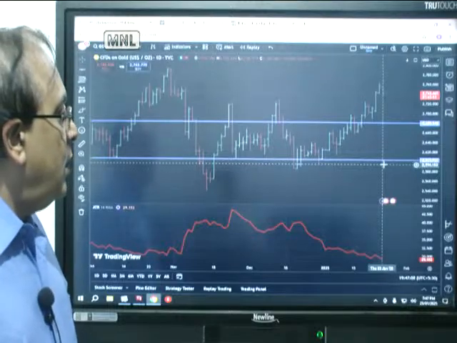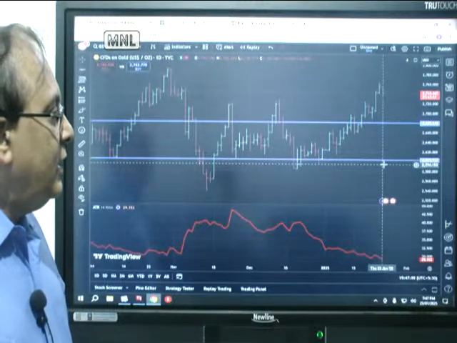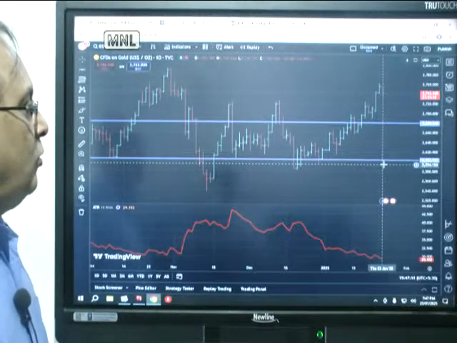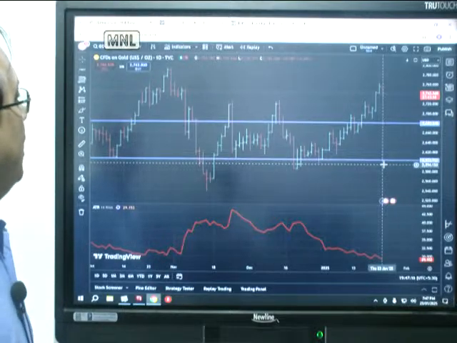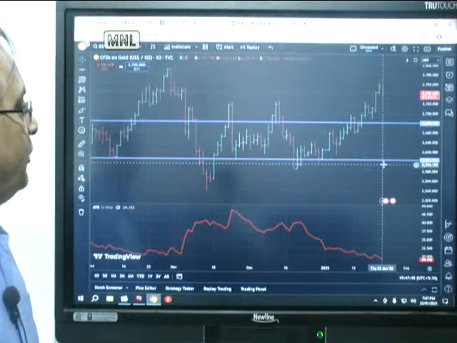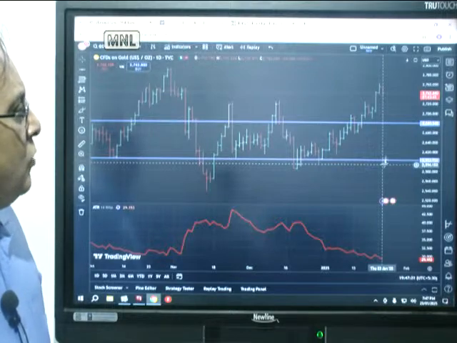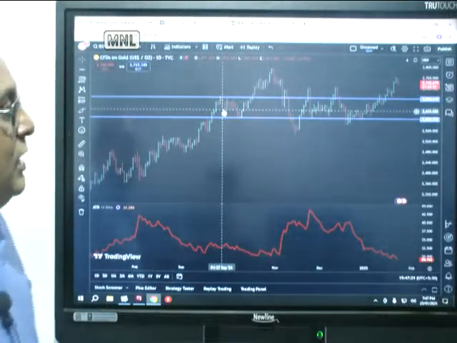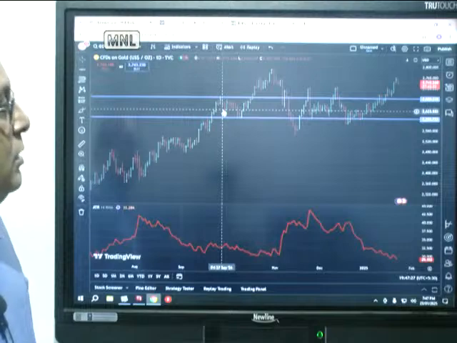If you get a good volatility like this, why not? I think you will definitely look towards doing that. So this is as far as gold is concerned.